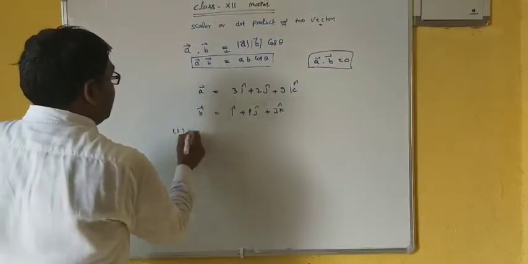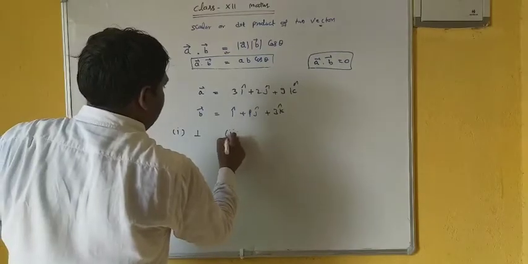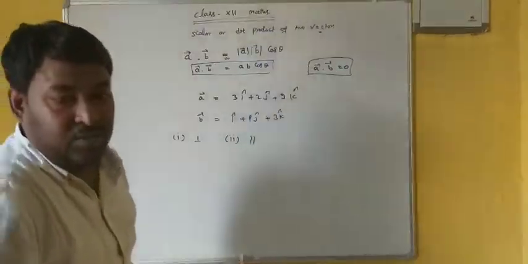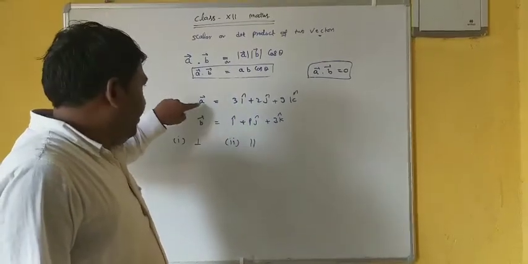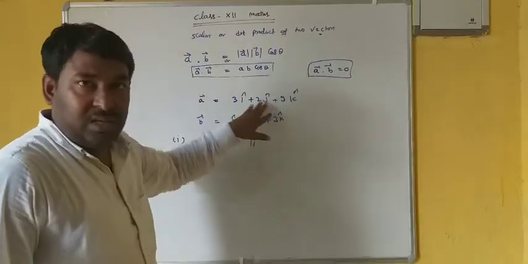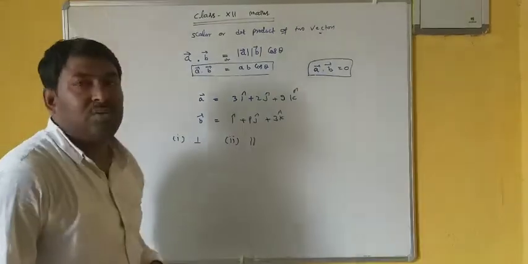The first question is perpendicular, the second question is parallel. Here the question is to find the value of p for which vectors a and b are perpendicular to each other.